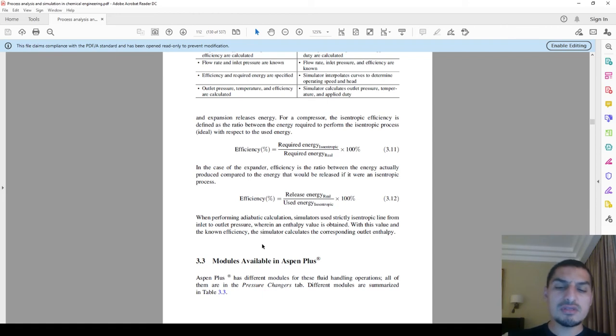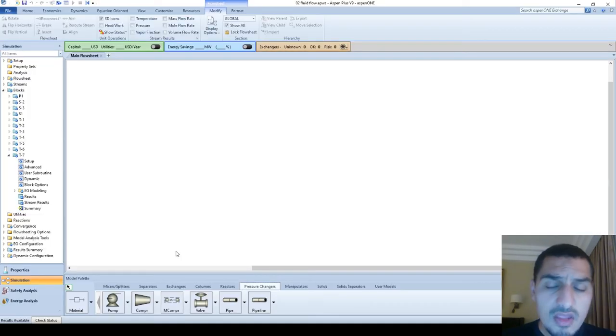The point I want to focus on here, because we are more interested in using Aspen Plus than in revising the background, is this. This chapter is very simple in this textbook, so you can read it by yourself and you'll find the topic very easy. The point I'm interested in now is what kind of fluid handling modules we have in Aspen Plus.